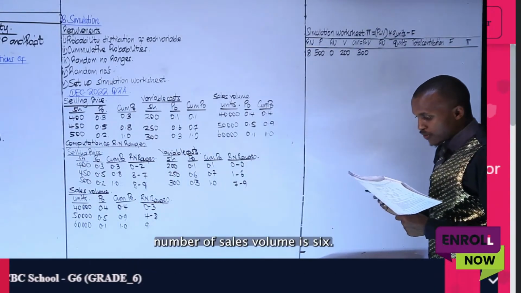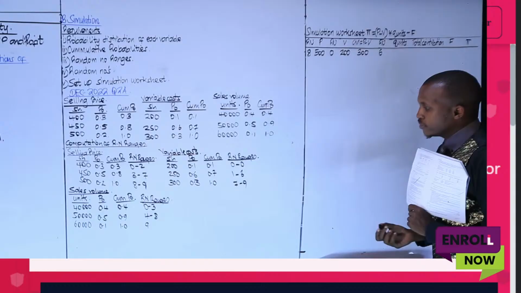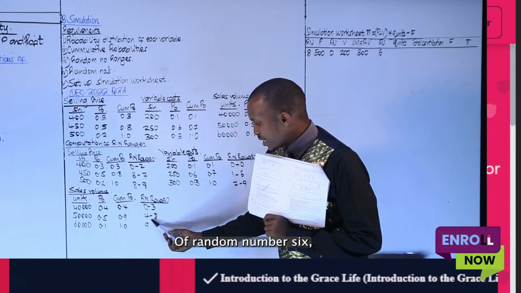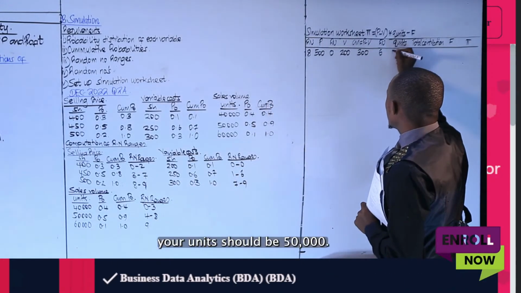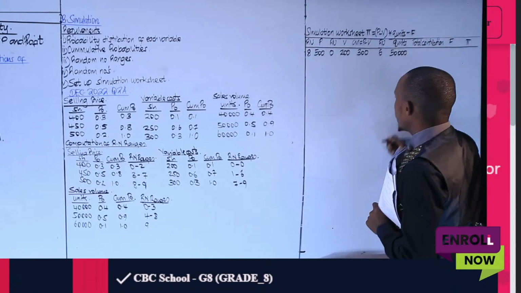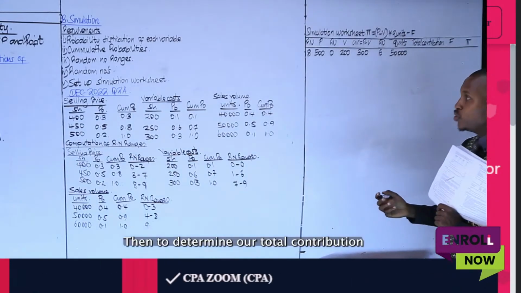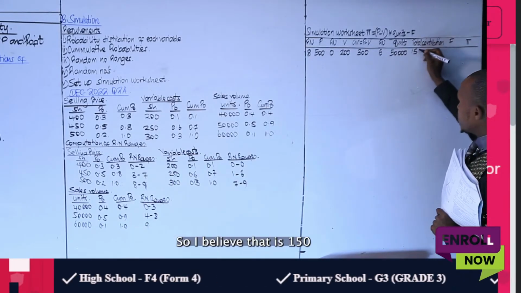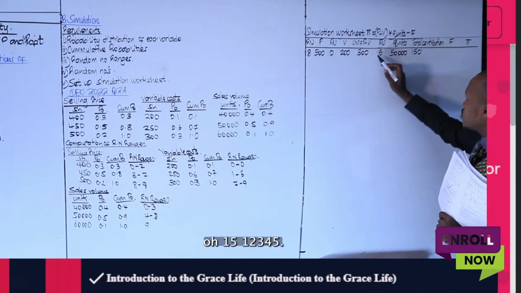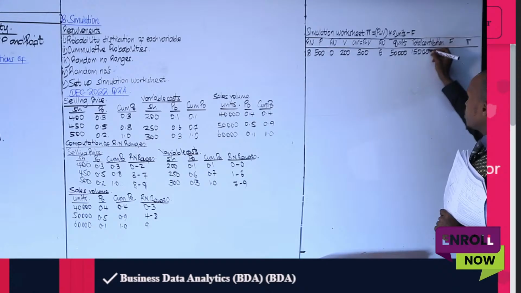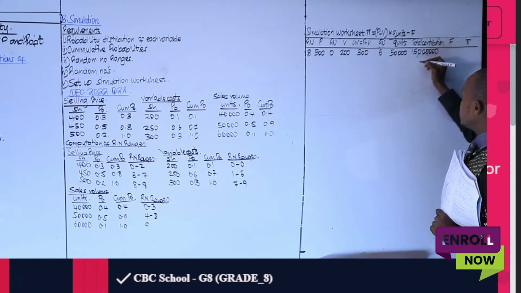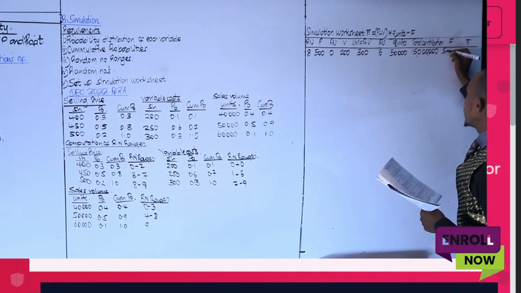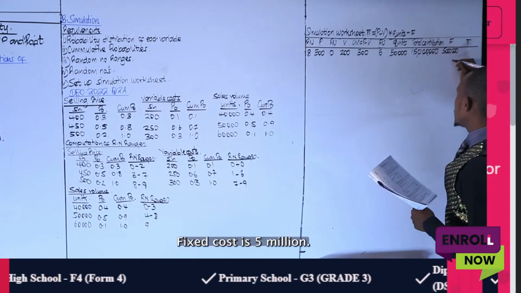The next random number of sales volume is 6, and with a random number of 6, your units should be 50,000. Then to determine our total contribution, you take your contribution margin by your units, so that is 15 million. Your fixed cost was 5 million.